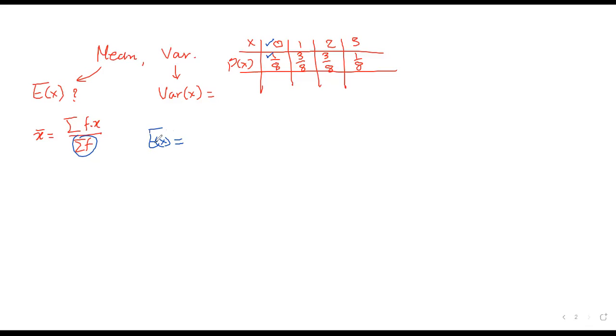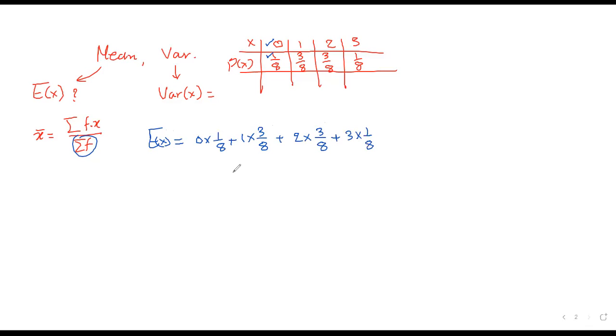We understand how to make them. Sometimes during the exam, you need to make your own rules. So that's 0 times 1 over 8, plus 1 times 3 over 8, the data times the frequency divided by the sum of frequencies, plus 2 times 3 over 8, plus 3 times 1 over 8.